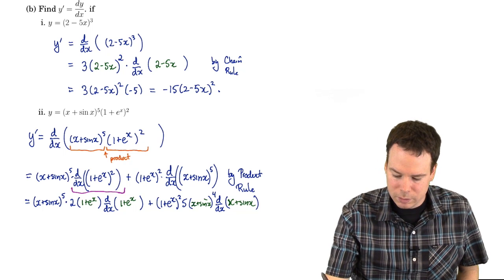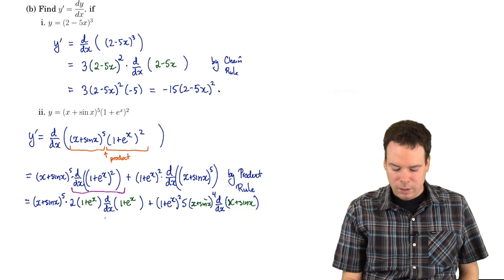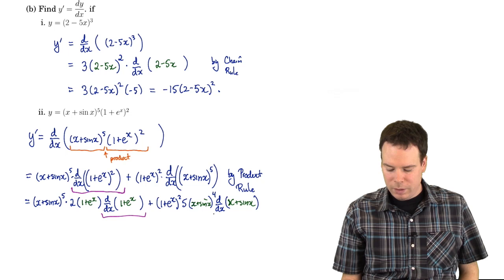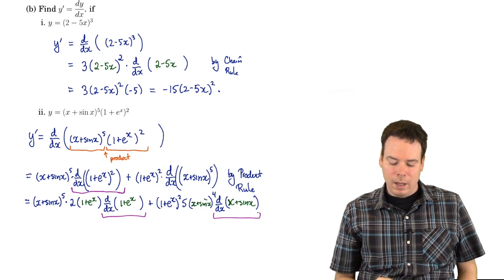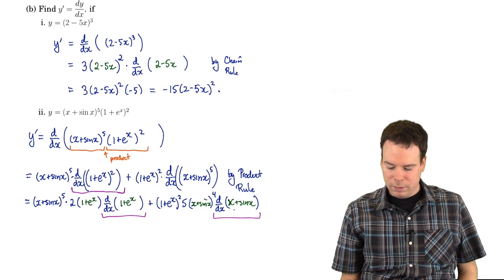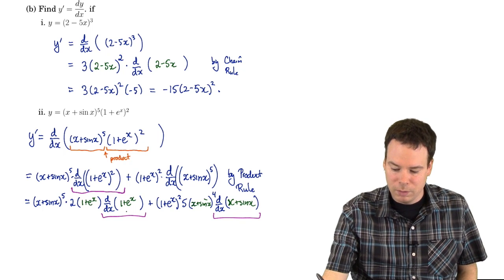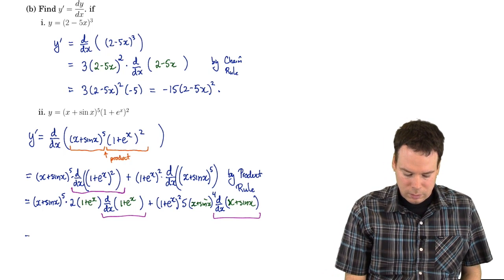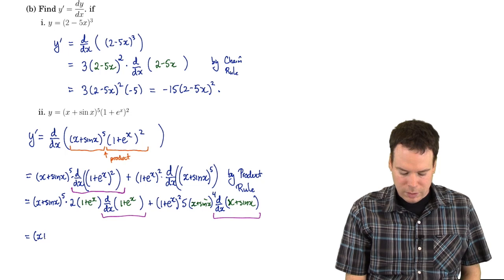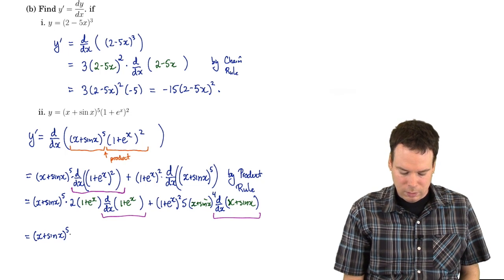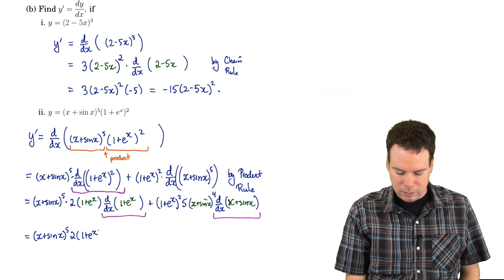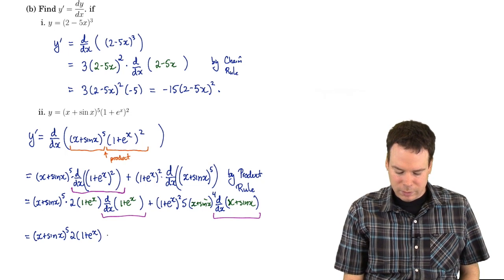So we've now broken this stuff all the way down to now just having to evaluate these two derivatives. And each of these is a sum of functions, so we can use the fact that the derivative of a sum is the sum of the derivatives. So this first one becomes (x + sin x)^5 times 2(1 + e^x) times the derivative of 1 + e^x.